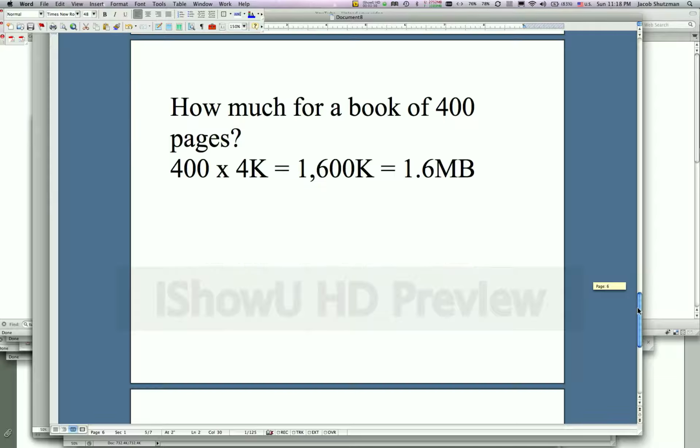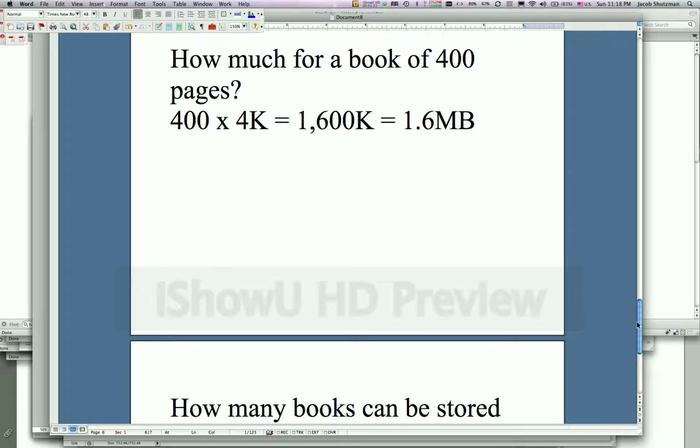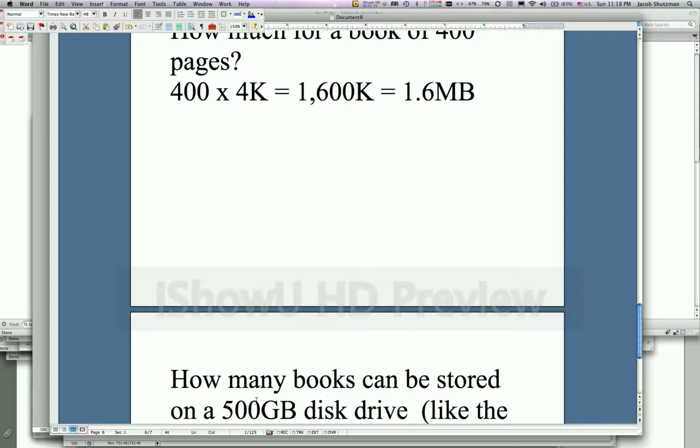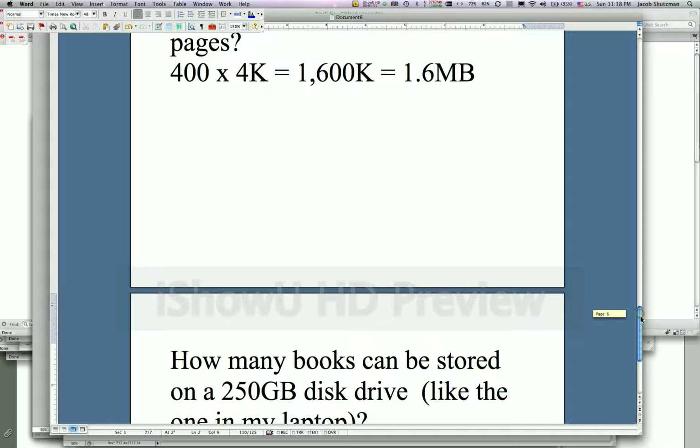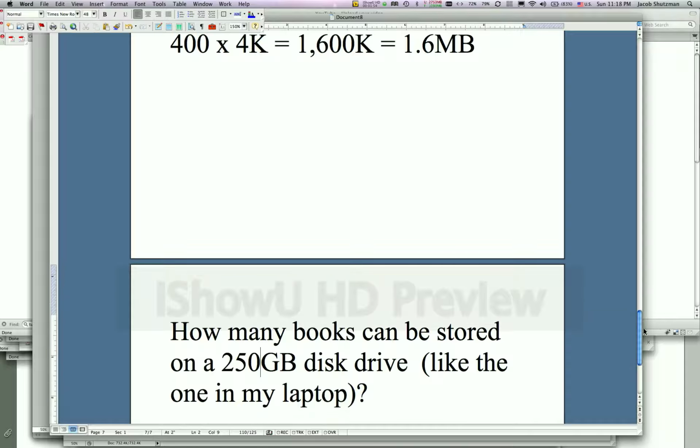So now the next question is, if I have on my computer 256 gigabytes, how many books can I store on my computer? Let's say I have 250 to make it even. So what we have to do is take this number and divide it by 1.6 megabytes and see how many books of 1.6 meg I can store in that disk drive.